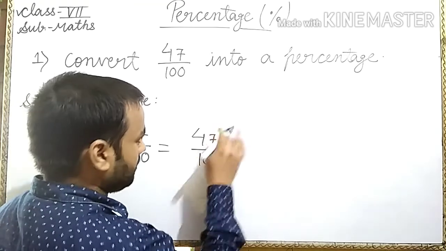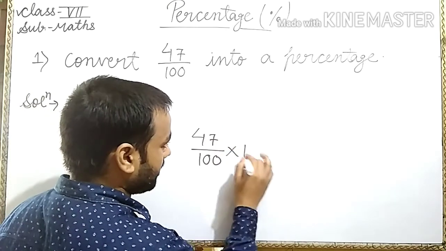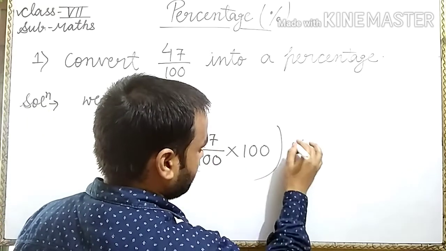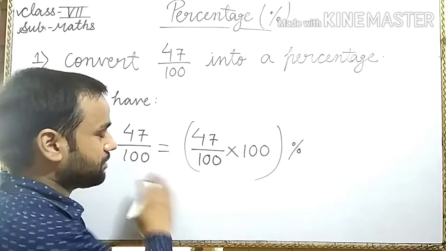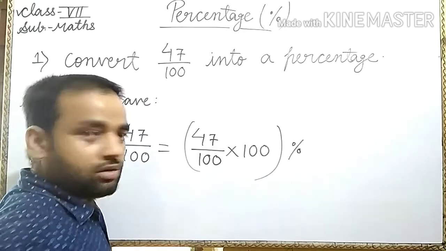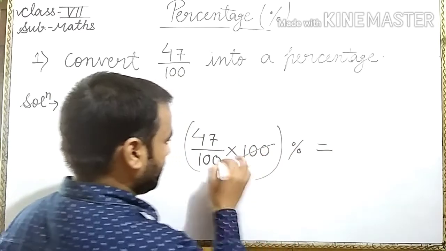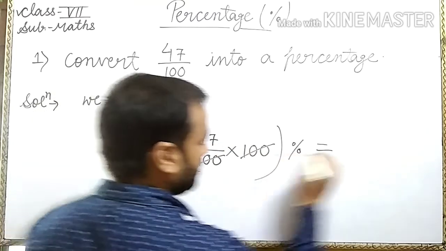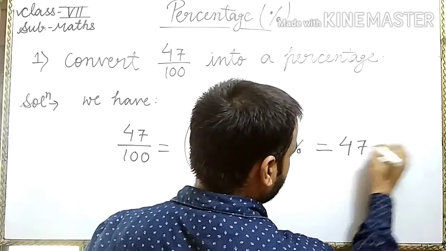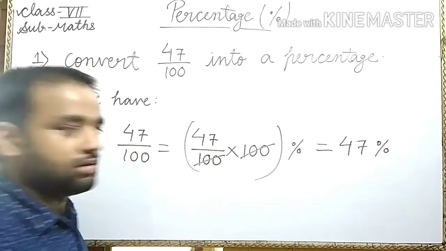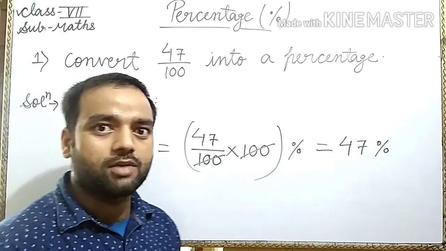We multiply the fraction by 100 and put the sign of percentage. The 100 cancels out, remaining 47%. Is it clear? Now let us discuss question number 2.